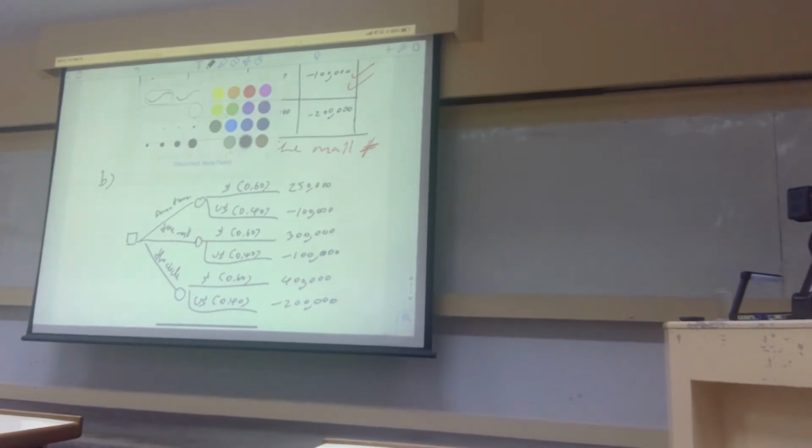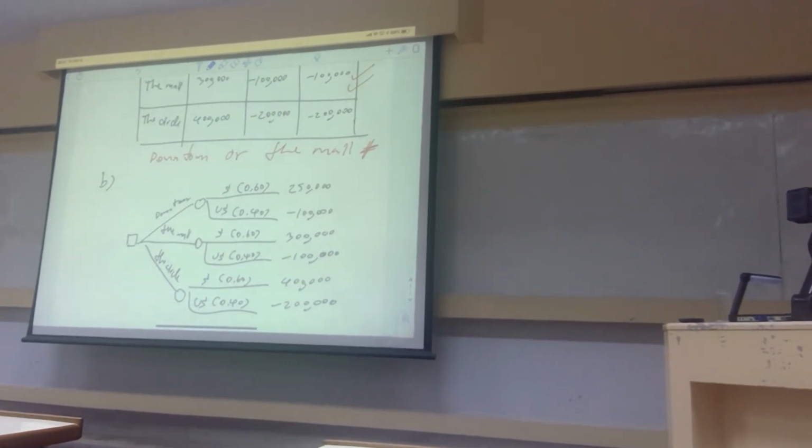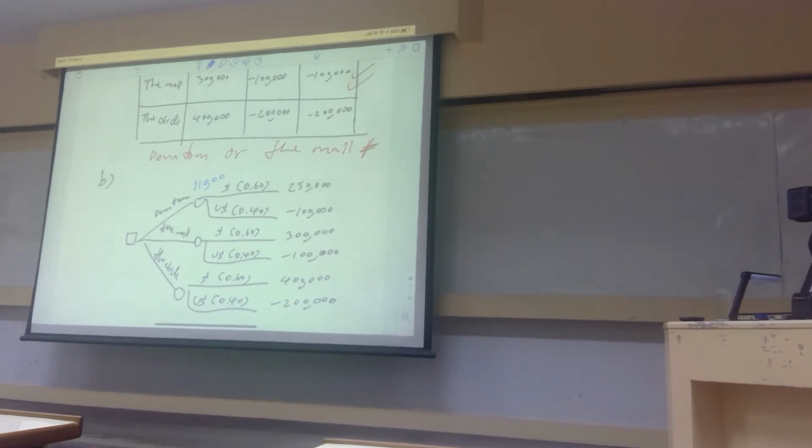So then in this case, we have the EMV to be 110,000. This one we have 140,000.